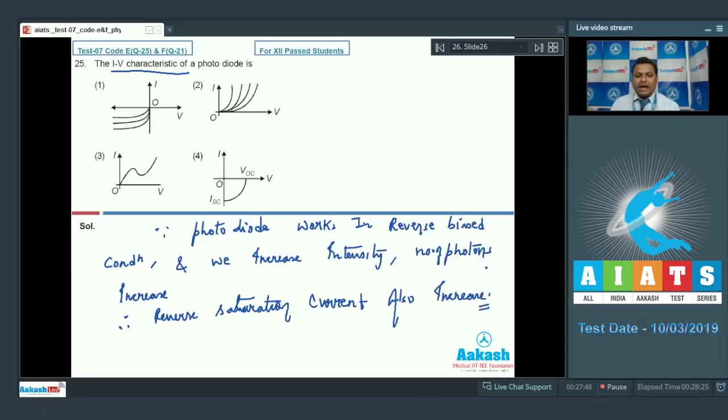So after looking at these things, we can say that option number 1 is absolutely correct. So that's why we will go with option number 1.